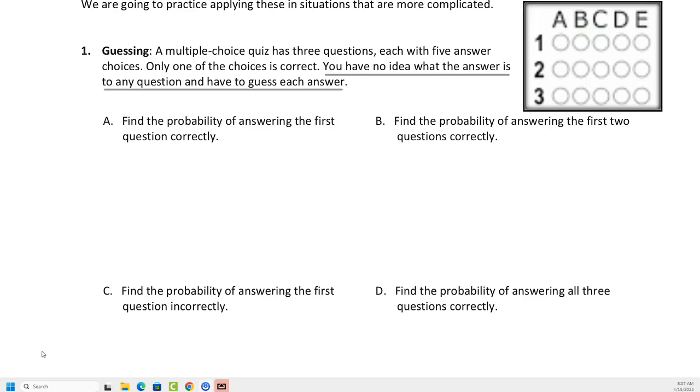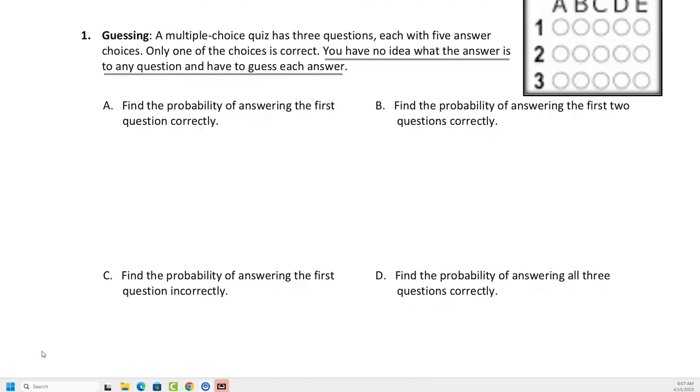Just to make things a little simpler, I'm going to let a capital A be equal to answering a question correctly.